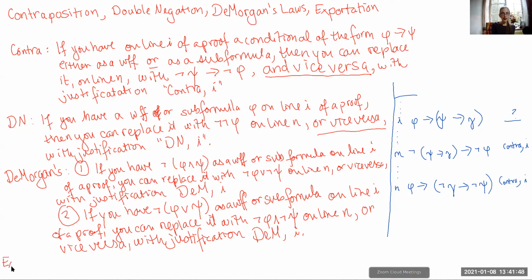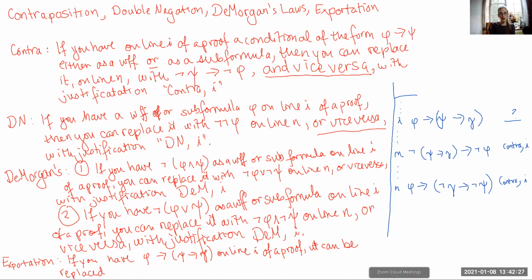Now, I am running out of room on the whiteboard for exportation, but let's see if we can fit it in. Exportation says that if you have something of the form phi implies psi implies gamma, I'm just going to say it rather than write it down so that we've got space, as a wff or a subformula on line I of a proof, it can be replaced with phi and psi together imply gamma.